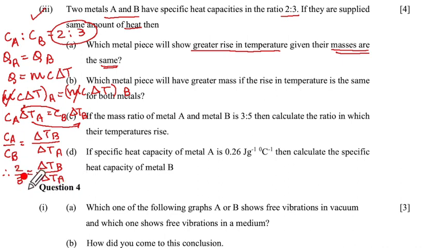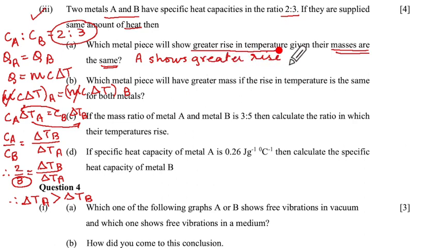So 2:3 means the denominator is greater. So delta T of A is greater. So we will say therefore delta T of A is going to be greater than delta T of B. So which metal piece will show greater rise in temperature? It will be A. A shows greater rise in temperature.